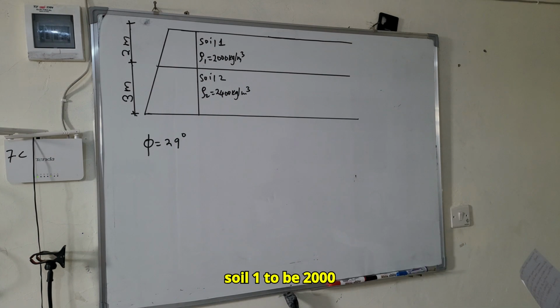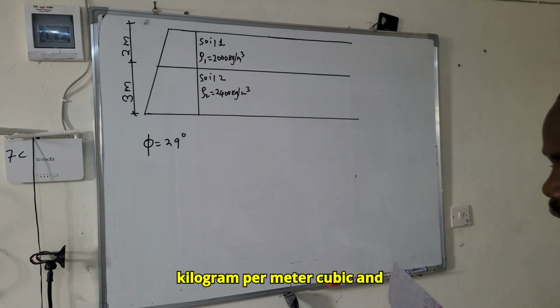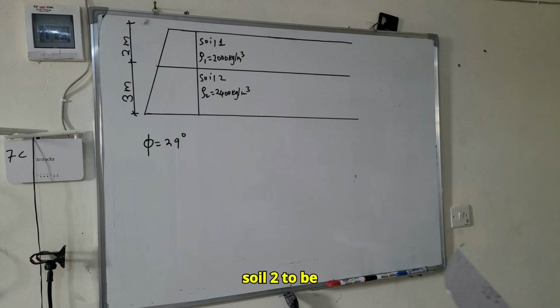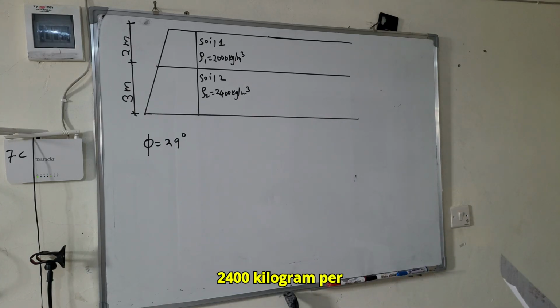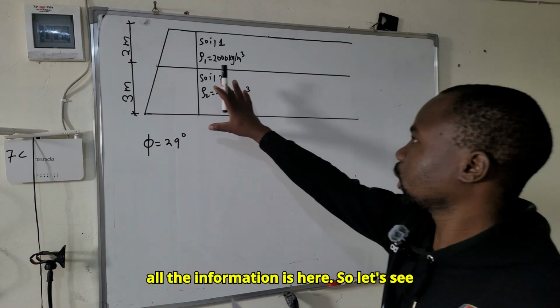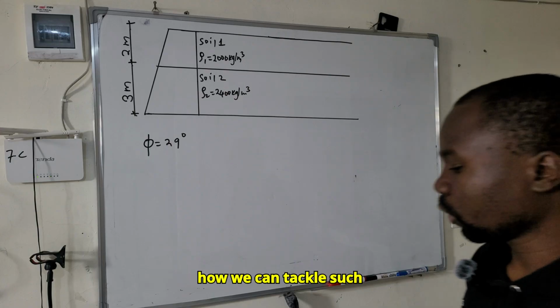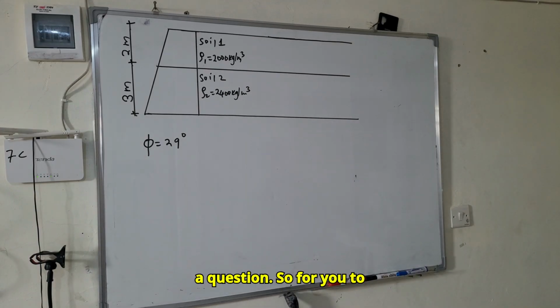Take density of soil 1 to be 2000 kilogram per meter cubed and soil 2 to be 2400 kilogram per meter cubed. So all the information is here. Let's see how we can tackle such a question.